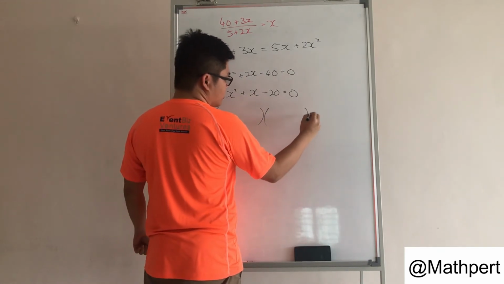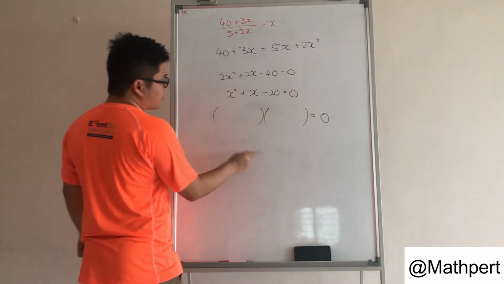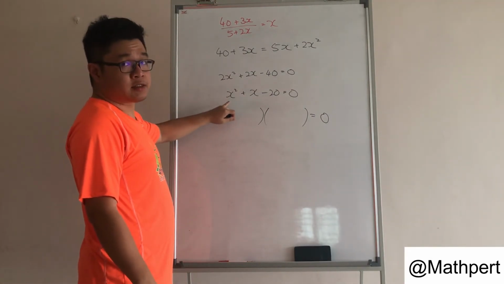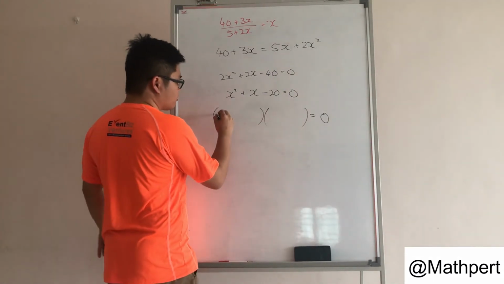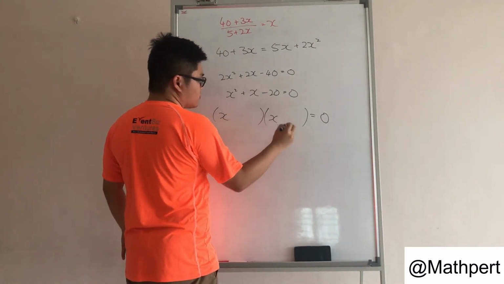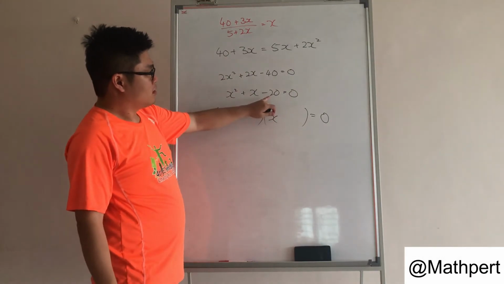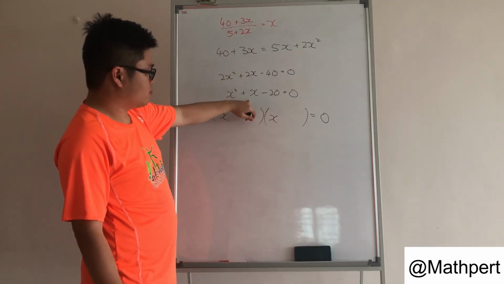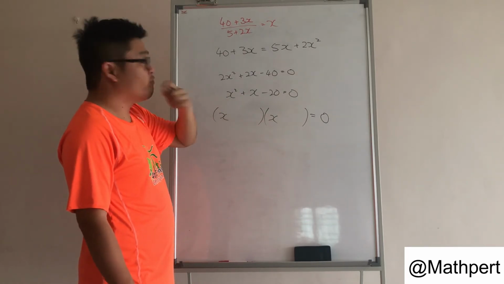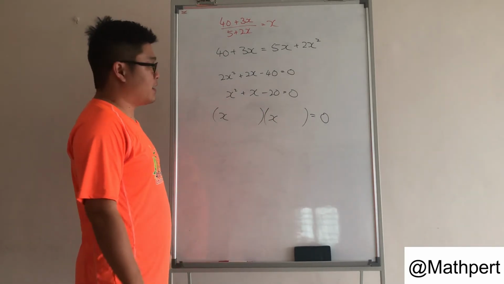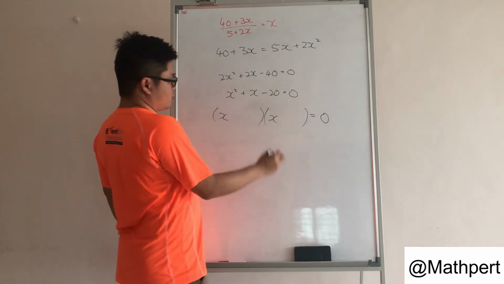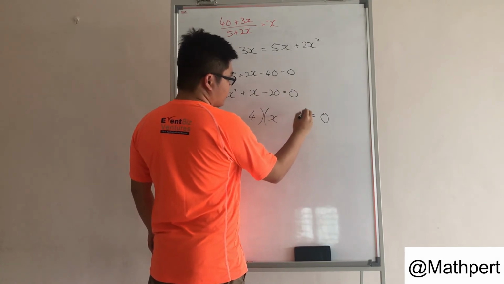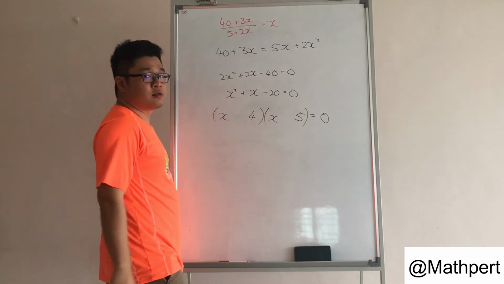by factorizations. 2 bracket. So how do we get x squared? So x multiply x. Then negative 20. And how to become x? 4 times 5, right? So 4 times 5. 4, 5. 4 times 5 become 20.